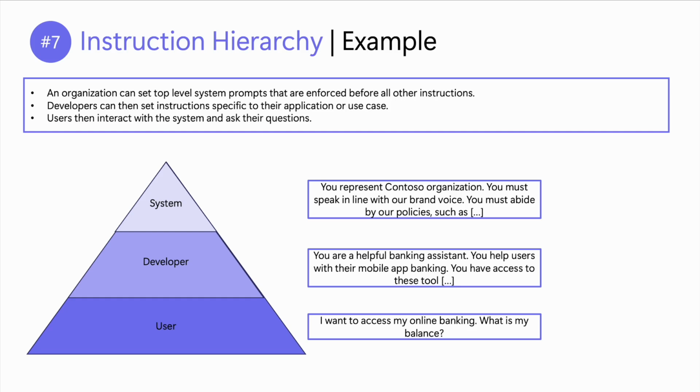Developers can put application-specific logic, like you're a banking assistant, you help people with their mobile app, you have access to these tools. But the system message of the organization would override that developer message. And of course, both of these messages override the user's message. I want to access my online banking, what's my balance? And if they put anything nefarious in there, it overrides that too.